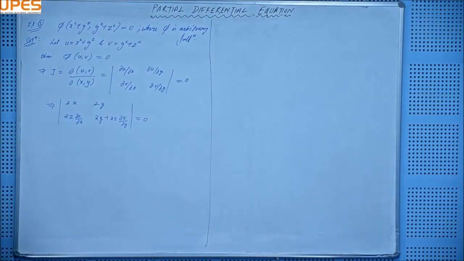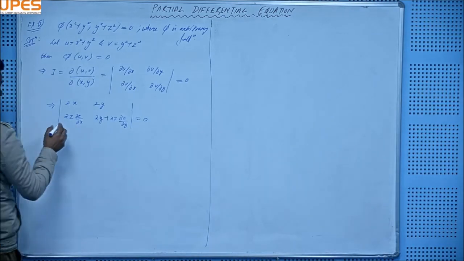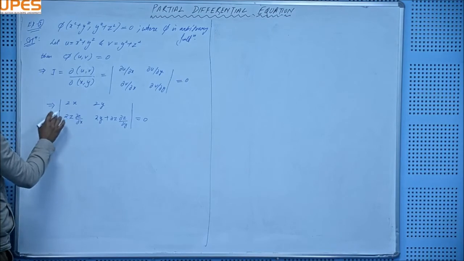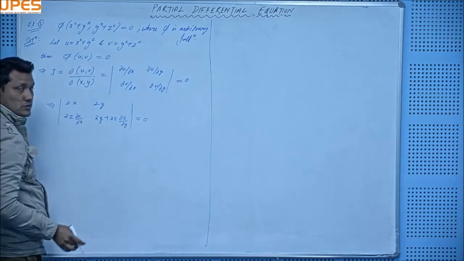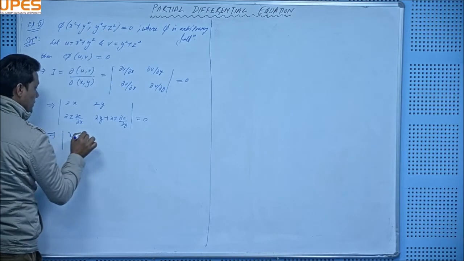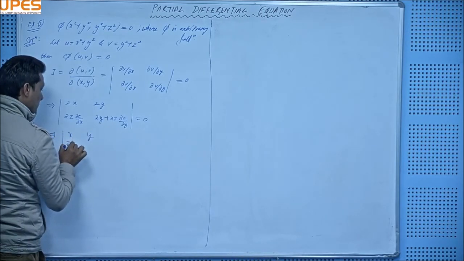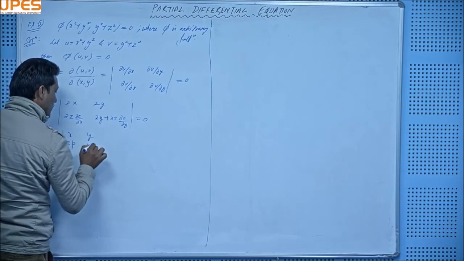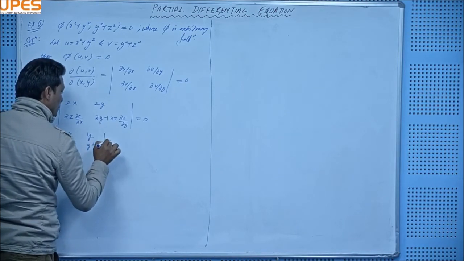Okay. Now take 2 common out of it. Ultimately I will get 4 here, and 4 goes below 0, that will become 0. Ultimately I am left with x, y, z p, and this will become y plus z q, equal to 0.